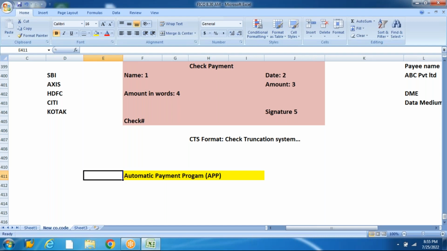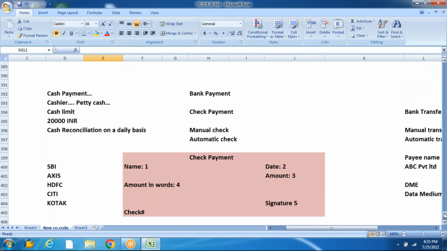Before we understand what automatic payment is, this is rough, brief information that you must be aware of. When we talk about cash payment, you must know how cash payments are used in a company, how bank checks are issued, how bank transfers are initiated. Only then can you practically connect it from the SAP point of view.